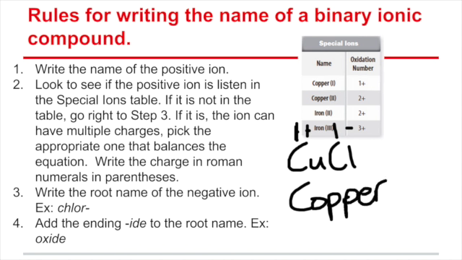Then look to see if the positive ion is listed. Yes, it is. So the ion can have multiple charges. Pick the appropriate one that balances the equation. Write the charge in Roman numerals in parentheses. This time it's just a +1 ion, so it's copper 1. Then again, chlor is the root name, and then step 4, ide.